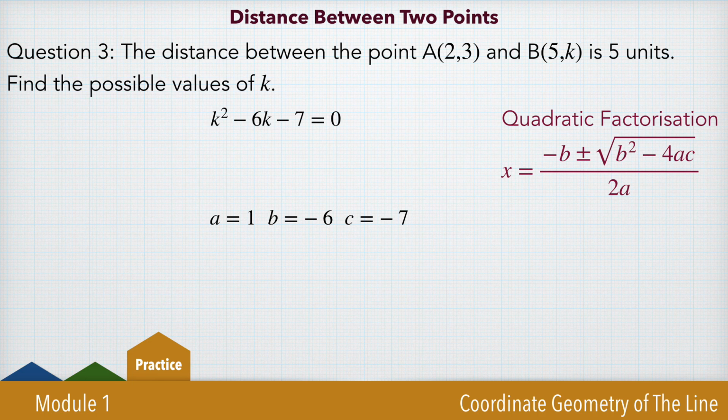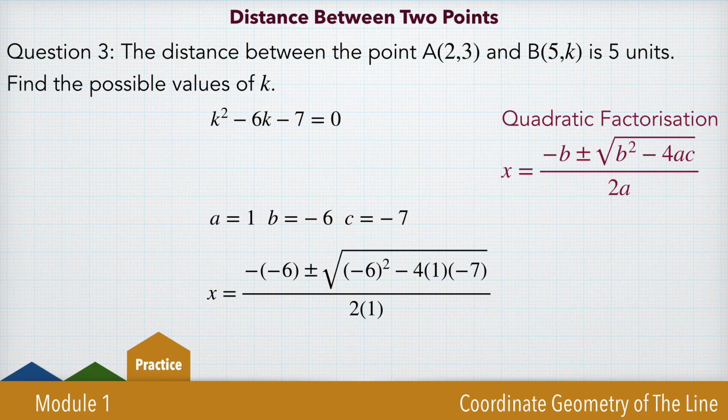We now substitute them into the formula. This can be put directly into your calculator, first with a plus sign, and then repeating by changing to a negative sign. The k values of 7 and minus 1 will be the results.